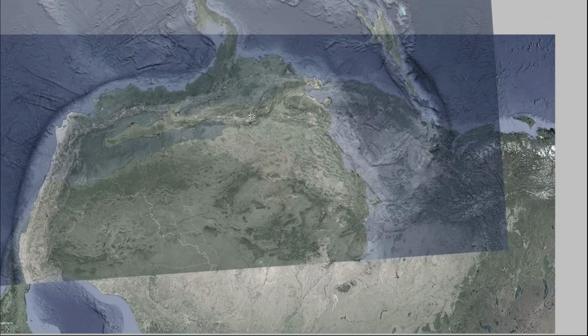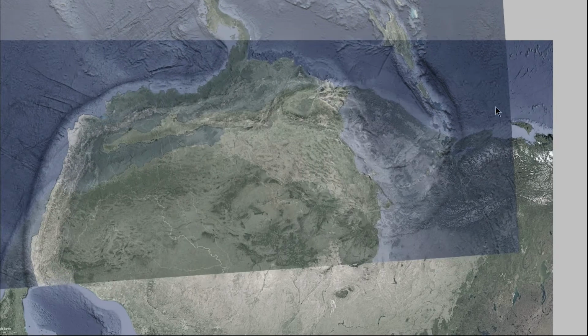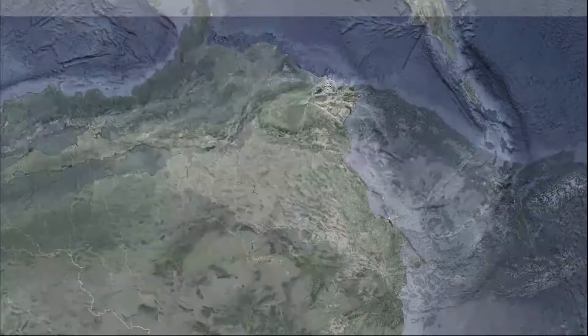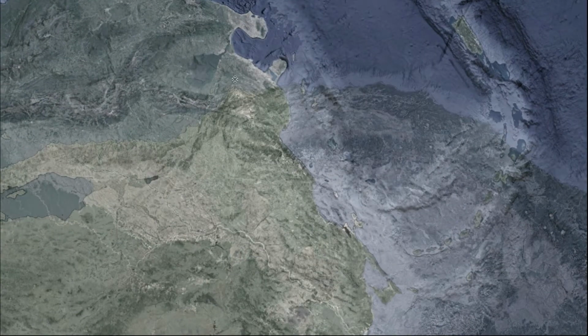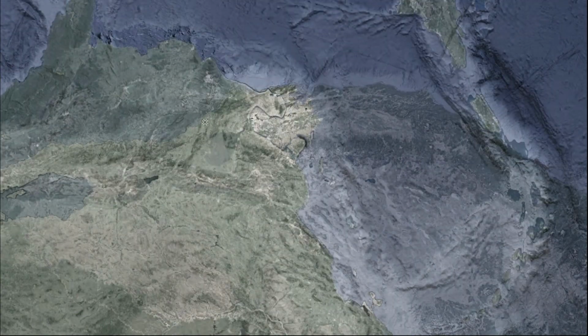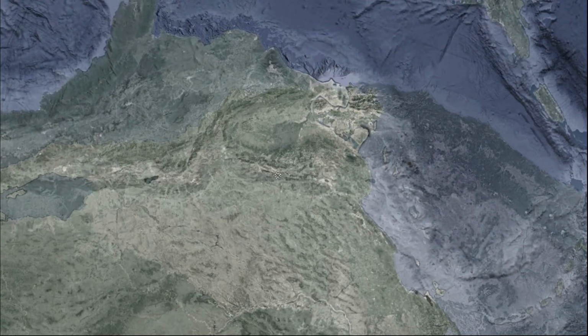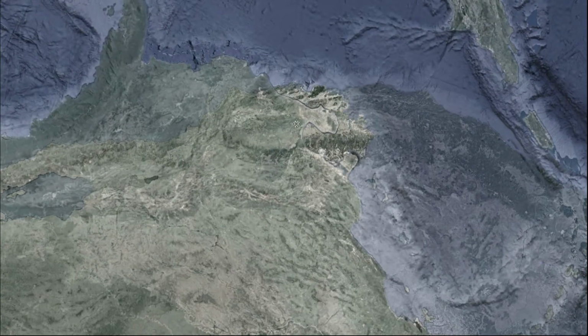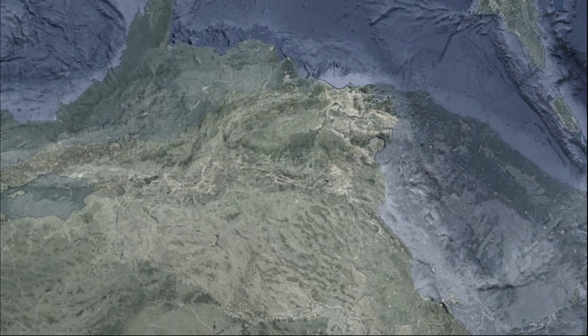But here's where I'm interested in. When I line these up, look where it looks like these two pinchers, and then I line up what looks like half of the California Basin. It lines up where that deep groove is, that main groove in that pattern.